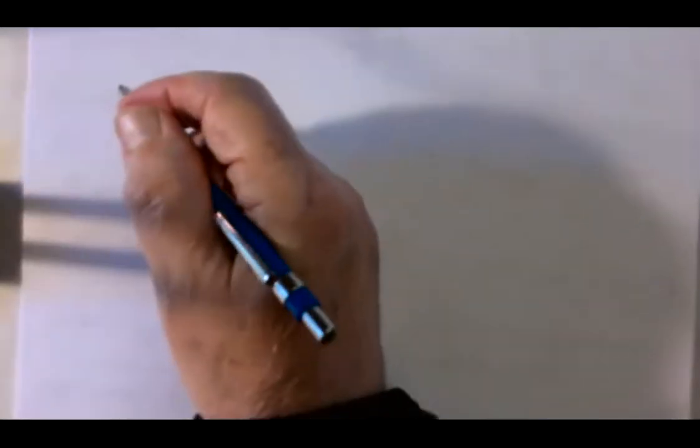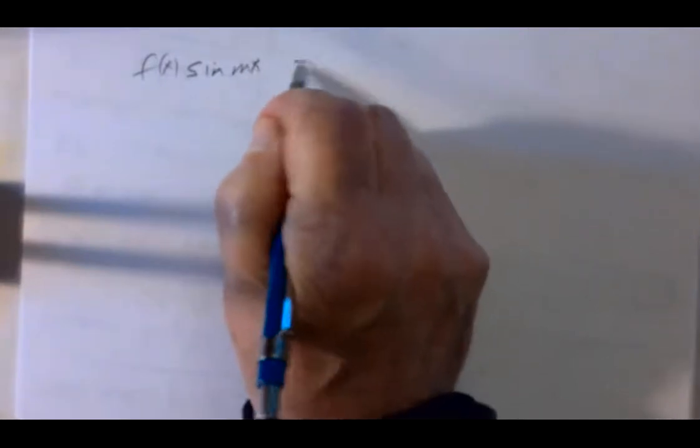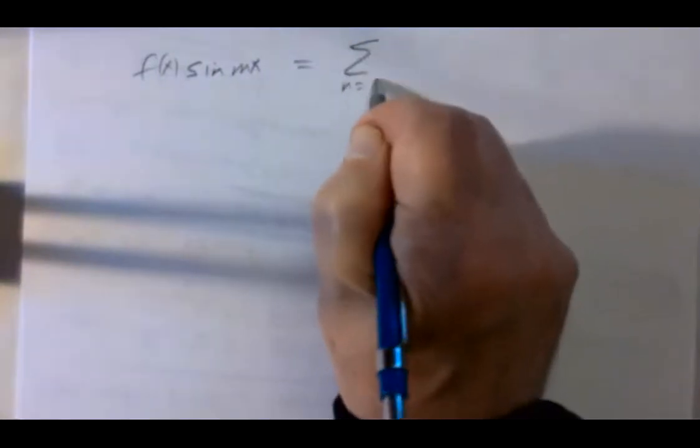And the way we do that is to take f of x and, for some particular number m, multiply it by sine mx. That is, the summation, n goes from 1 to infinity, of a sub n sine nx, times sine mx.